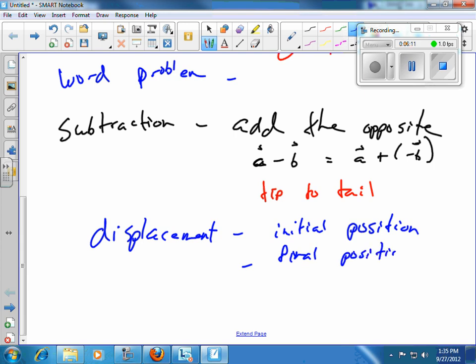And you would have to remember the formula that I showed you yesterday, delta D is final position minus initial position, and those are vectors. Okay? So that's really it.